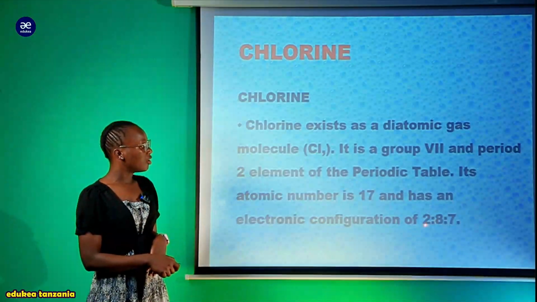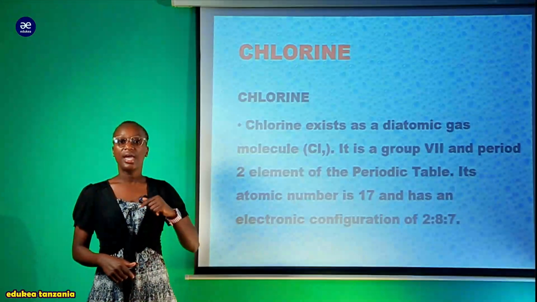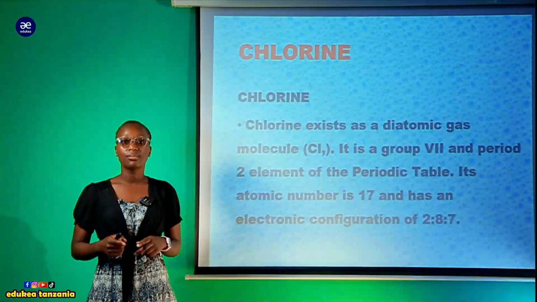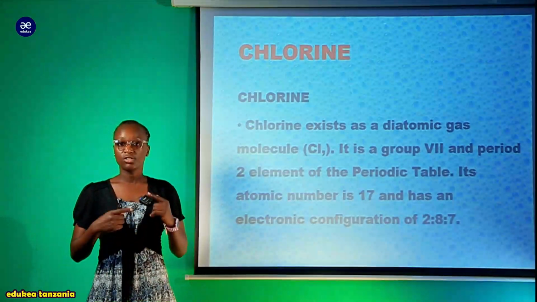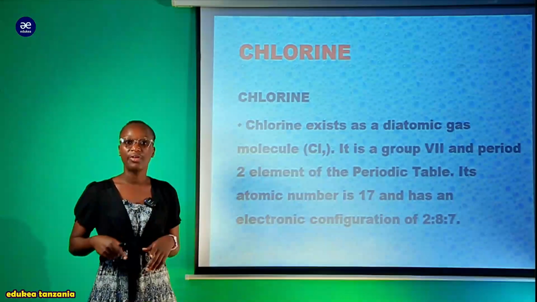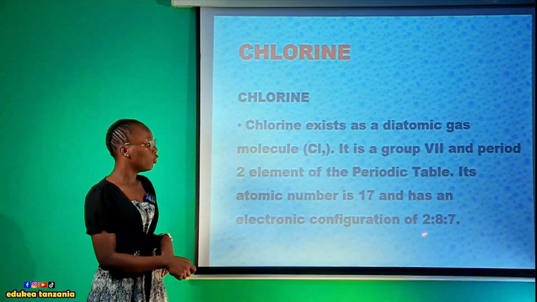So chlorine has 3 shells, whereby we have the first inner shell, which has the maximum of 2 electrons. That's why we see here 2 electrons. But also the second shell, which is fulfilled with 8 electrons, as you see, 2:8.